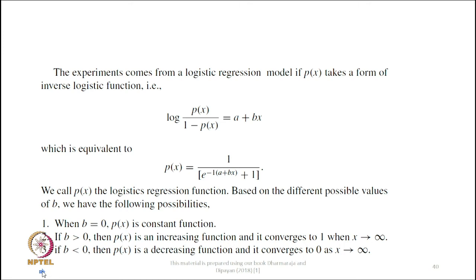So, either it is going to be a constant function, or an increasing function that converges to 1, or a decreasing function that converges to 0 as x tends to infinity. Again, you should remember p is the probability, which is a function of x, because that is the conditional probability that y takes the value 1 given x takes the value small x.